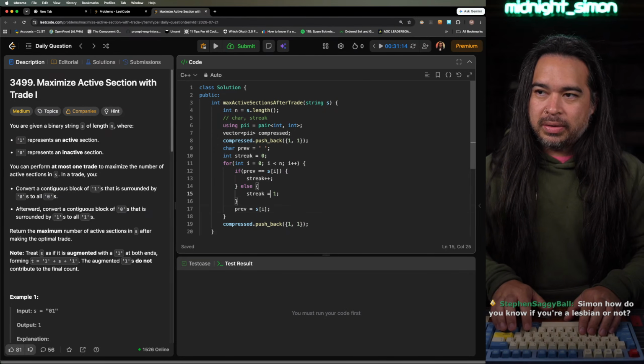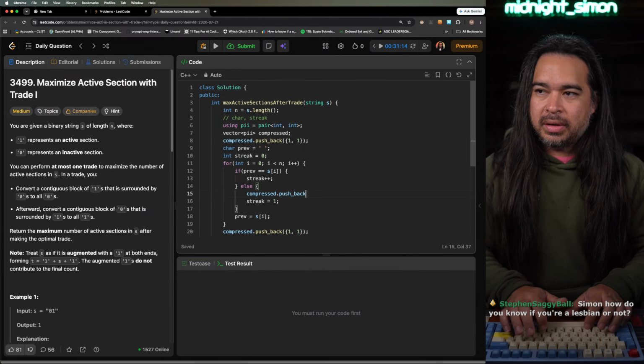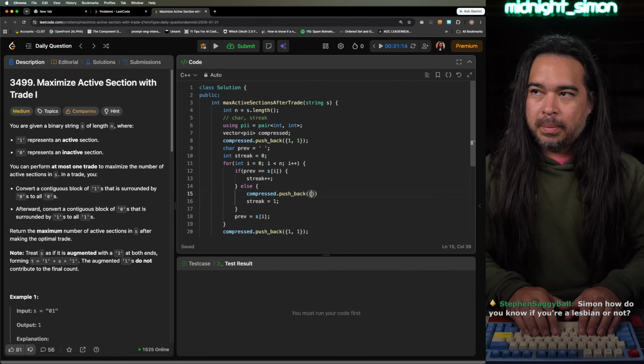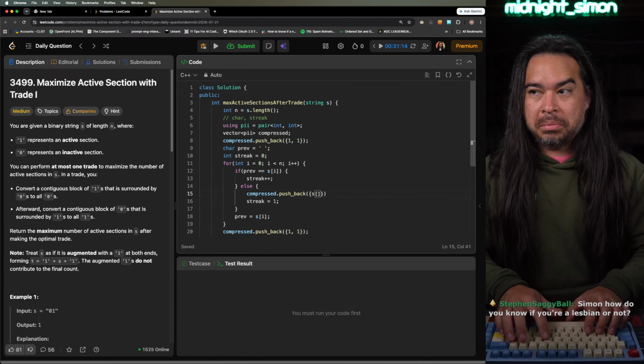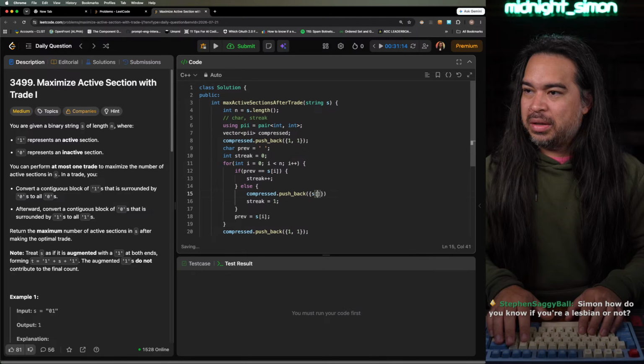But we got to do something else too. So I guess every time the streak breaks, not only do we reset, but we also have to push into the compressed. Wait.